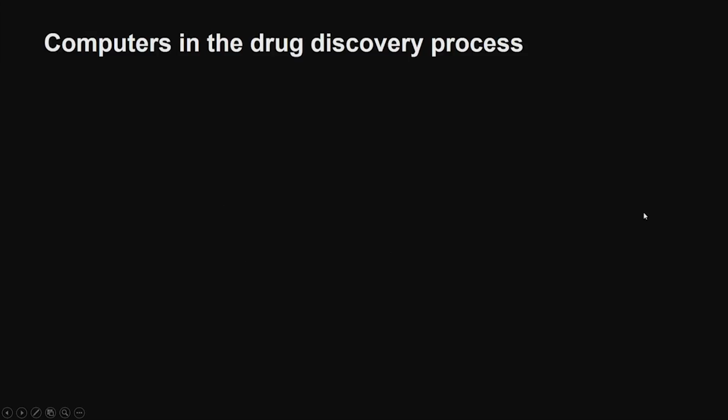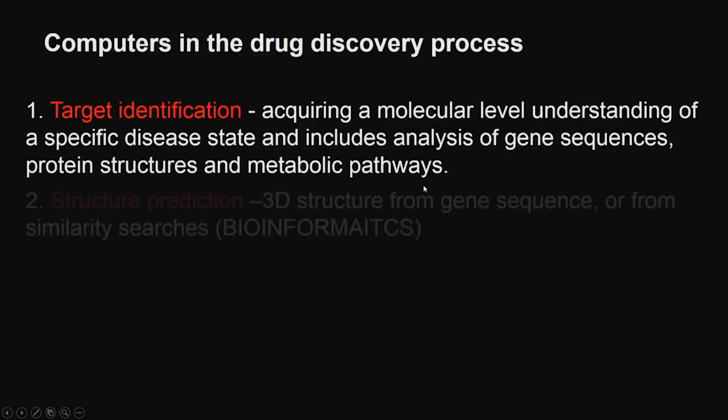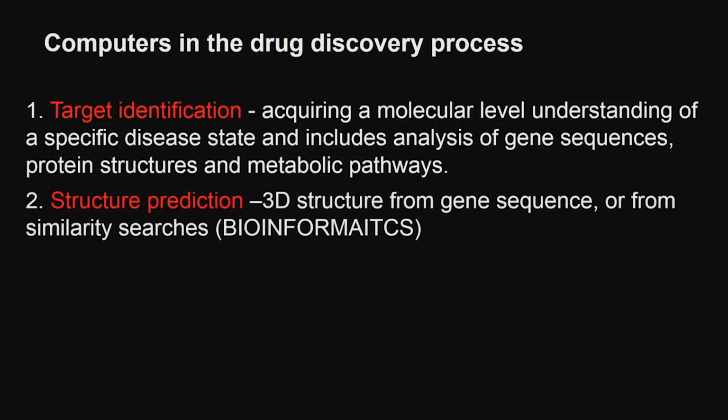So, computers can be widely used in drug discovery, as we are going to learn in the next set of lectures. Target identification at the molecular level, understanding of a specific disease state, then look at the gene sequence, protein structure, metabolic pathway, then structure prediction.